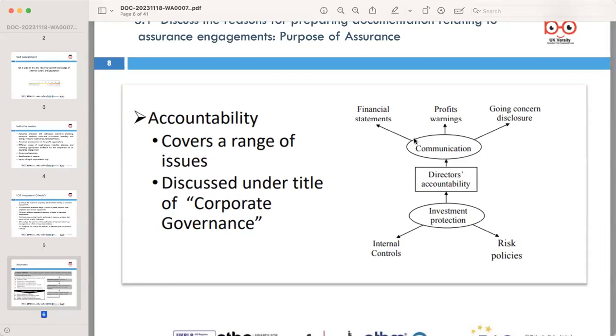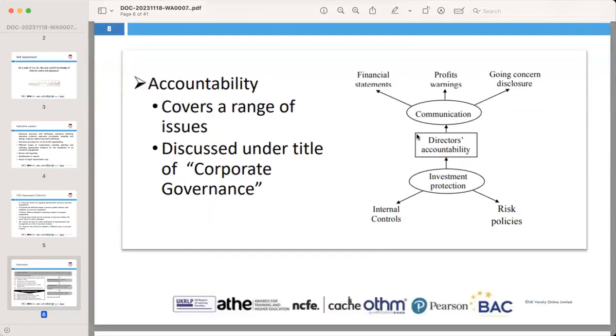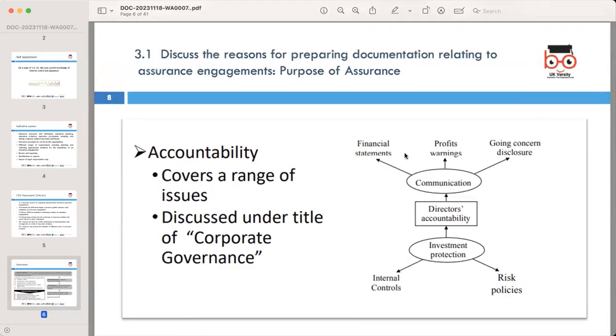It's like the rules and practices that companies follow to make sure everything is fair and right. Then financial statements, profit warnings, going concern, disclosure communications, then director accountability, then investment protections, internal control, and risk policies.